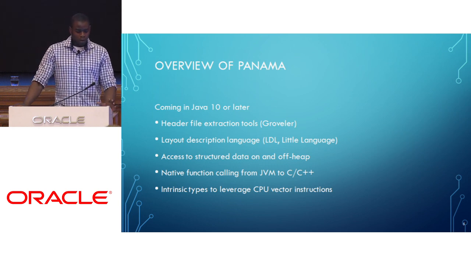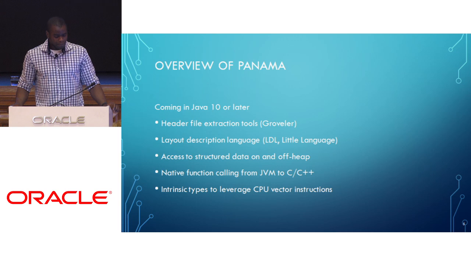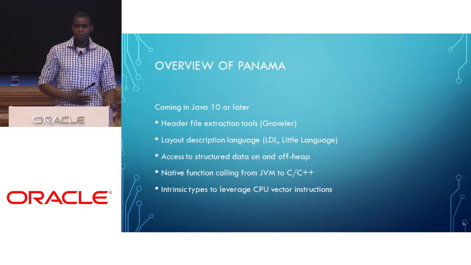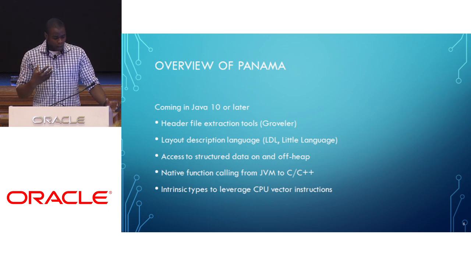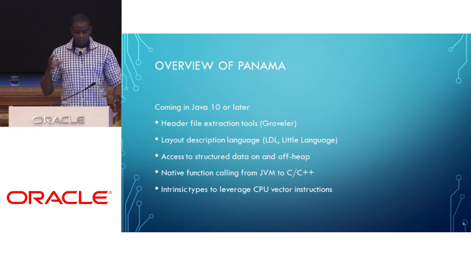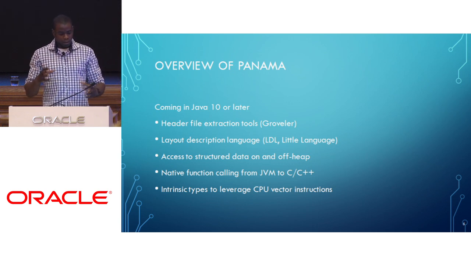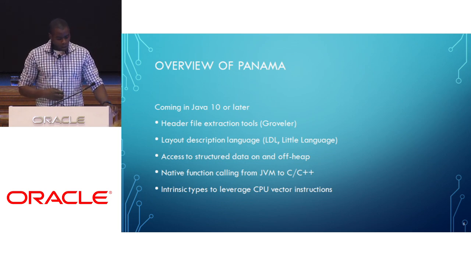So I'm just going to give you a little overview of the major components of Panama. There are header file extraction tools, a groveler. This is a tool to basically read in native data structures and headers. And this tool, as you'll see in the next slide, will output a layout description, which will be used by layout runtime. There's also the layout description language.